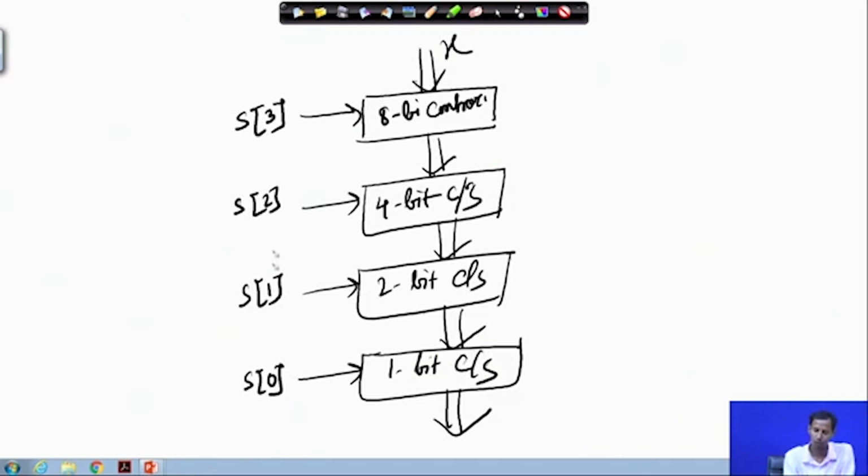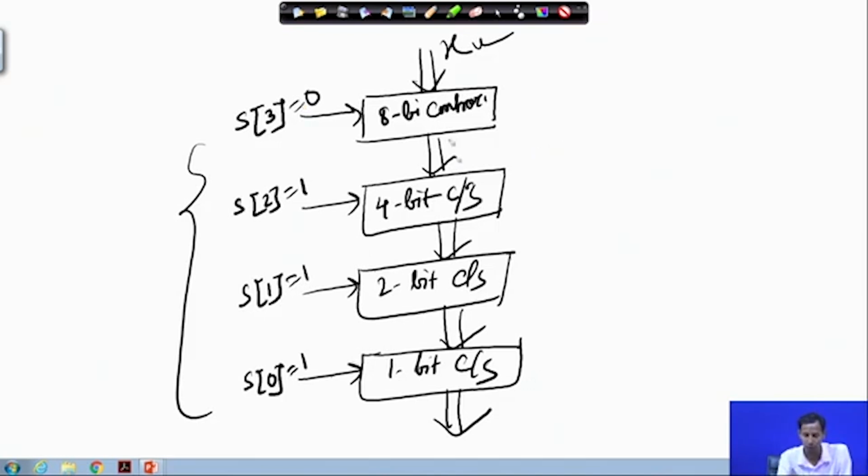So, if you change the corresponding bit values at these select lines, then you will get that number of shift operations of the x input. How? If you select this as 1, this as 1, this as 1 and this as 0.